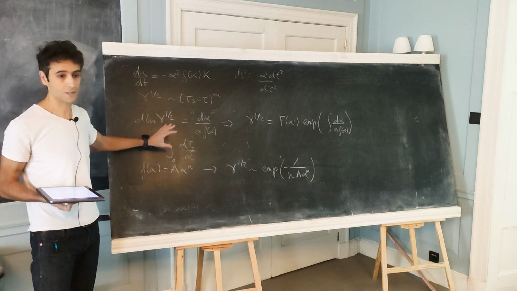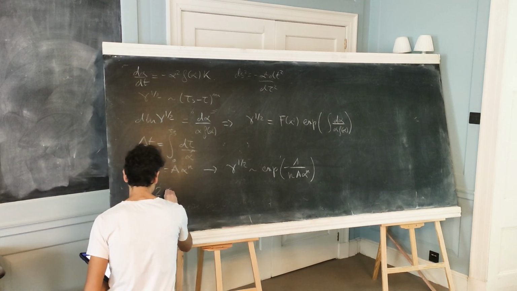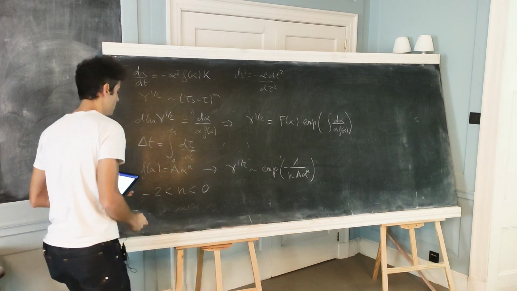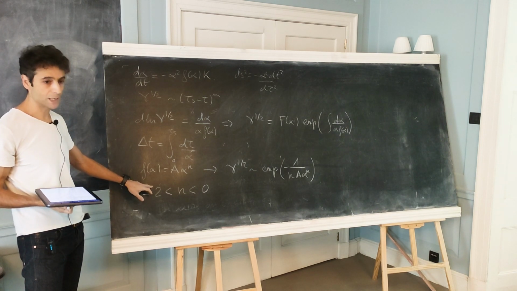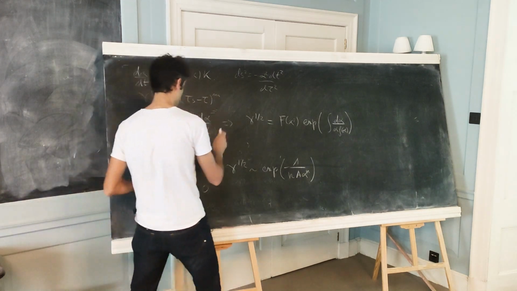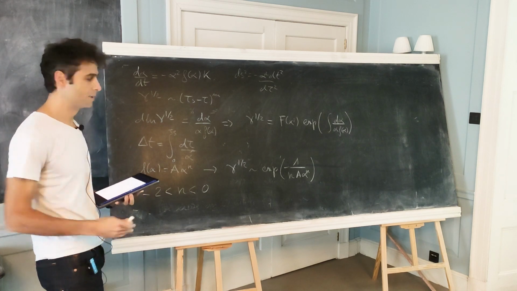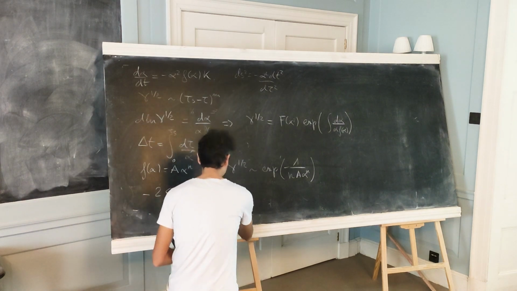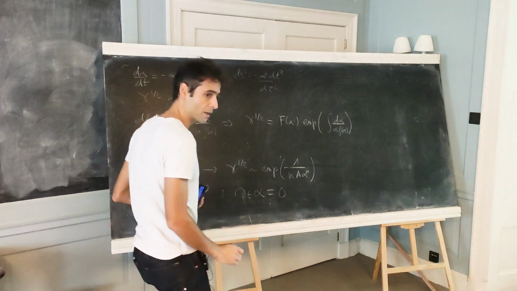So the optimal case, just to finish this, the optimal choice of n is this. n cannot be too negative, and the reason is that you want alpha to be such that you avoid the singularity, but you also want the lapse to freeze near the singularity.